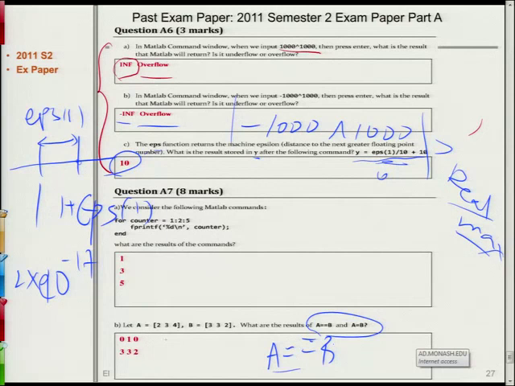It compares each element in A and each element of B and whether they are equal. 2 and 3 are not equal, so the comparison is false, and you put 0. And 3, 3 are equal, so you put 1. So the 0s and 1s represent the comparison result. The second is A equals B. That means assign B to A. So B is 332, then A is 332. This tests the difference between equality and assignment.